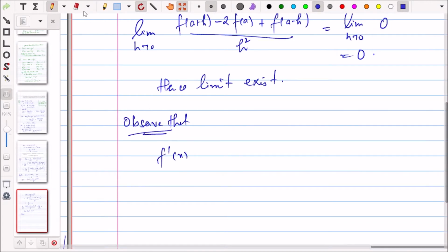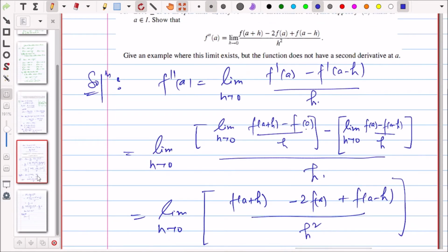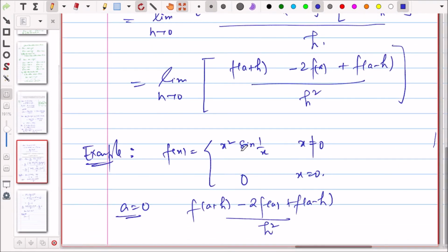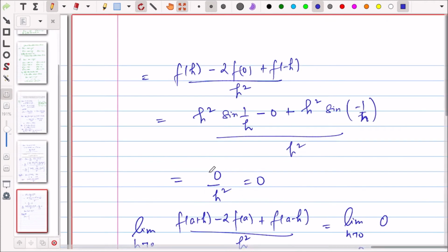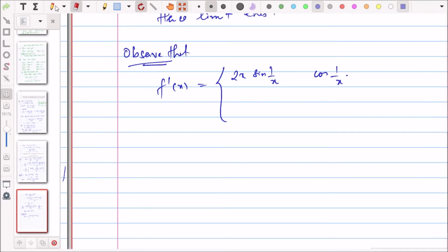Just differentiate this: for x not equal to 0, you get 2x sine 1 by x plus x square cos 1 by x into minus 1 by x square, so it is 2x sine 1 by x minus cos 1 by x.